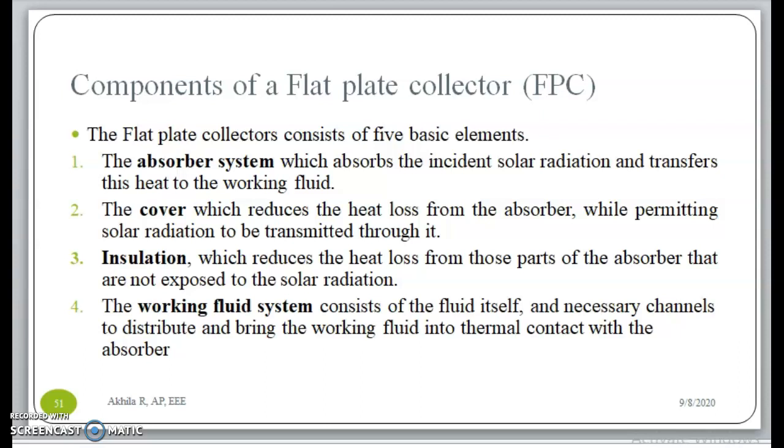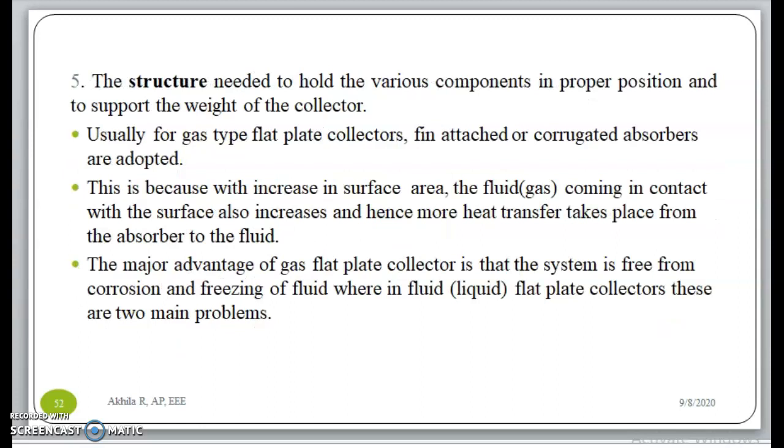You have insulation which reduces the heat loss from those parts of the absorber that are not exposed to the solar radiation. Then you have a working fluid system which consists of the fluid itself and the necessary channels to distribute and bring the working fluid into thermal contact with the absorber. And the final part is the structure, which is needed to hold the various components in proper position and to support the weight of the collector.